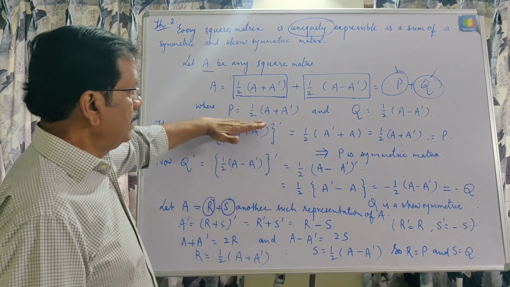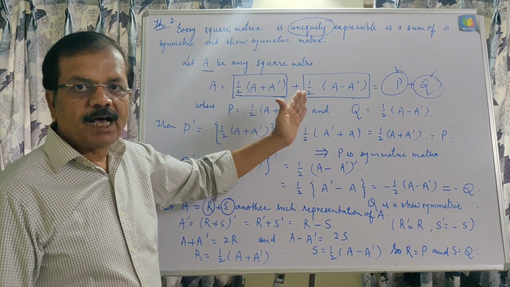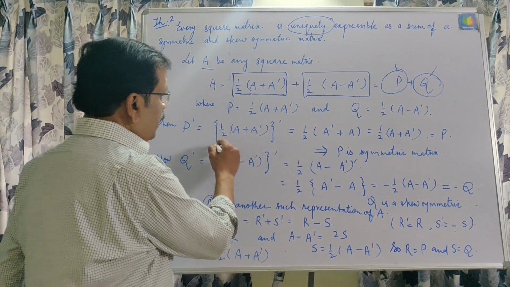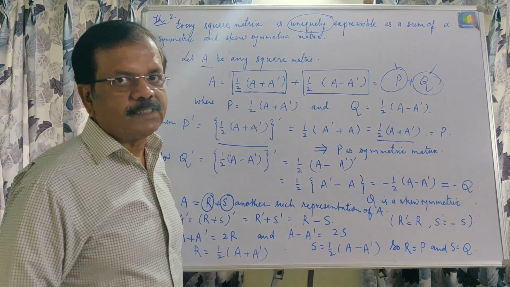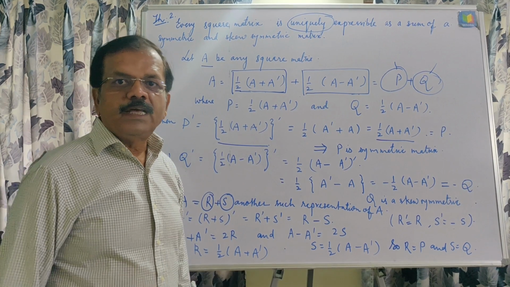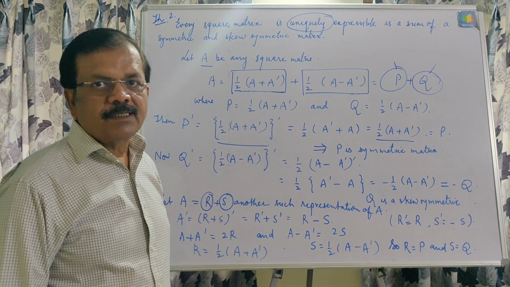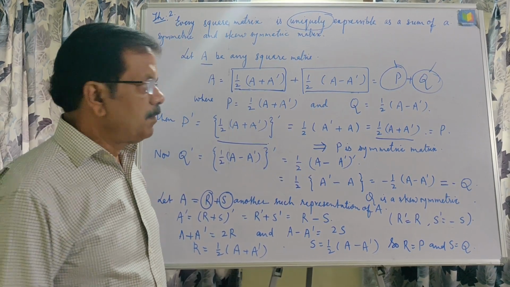If P is symmetric, then the transpose of P, that is P transpose, which is half of A plus A transpose, whole transpose, will be equal to half of A plus A transpose, because this is the property of being symmetric.